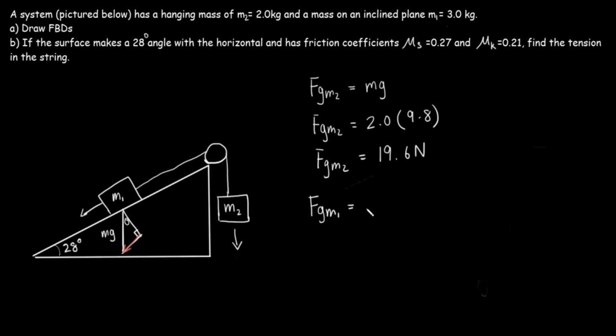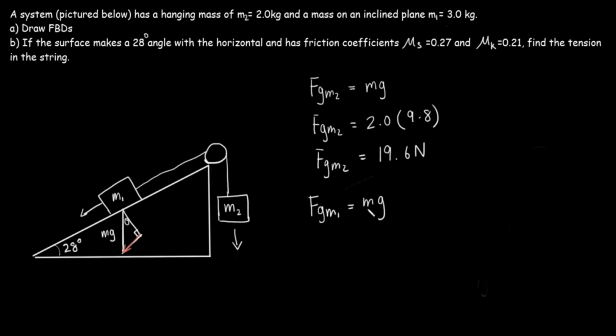So basically what you want to do is use your trig ratios, and you'll get mg, and since this red force of gravity is opposite to the angle that we know, we're going to use sine.